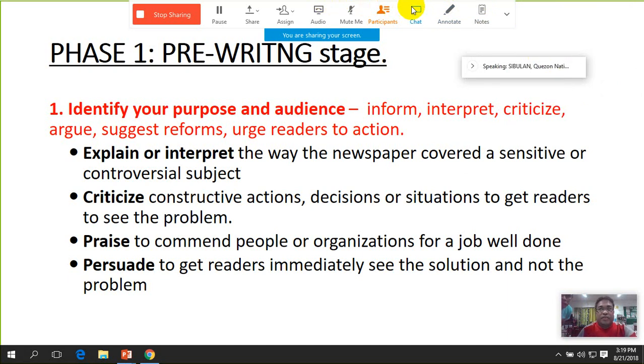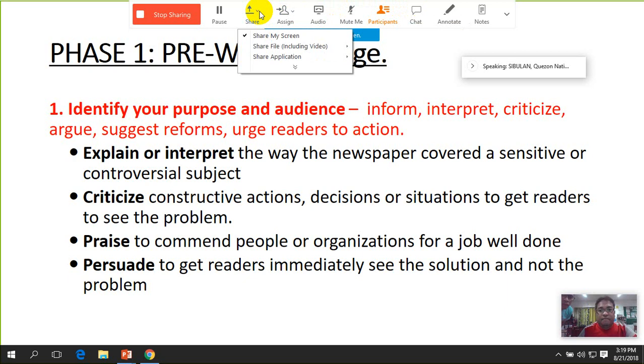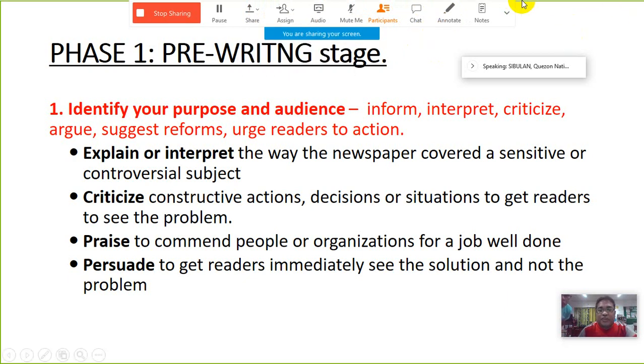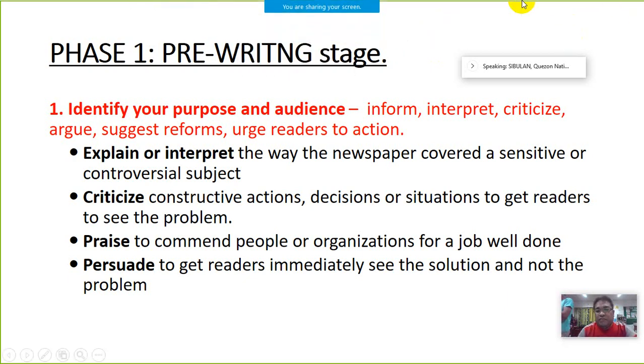So for example, in our school, we have a strict policy in the entrance of our gate.